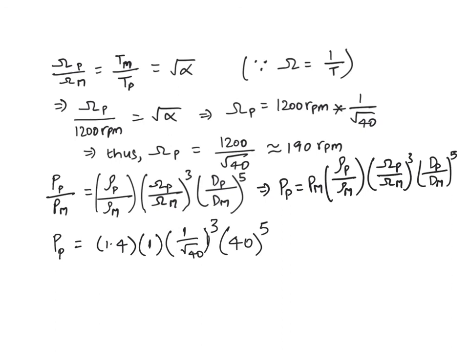From this, when we calculate, we get the output power in terms of horsepower. Before that, we get an answer of 567,000, divided by 550 to convert it to horsepower, giving us 1030 horsepower.